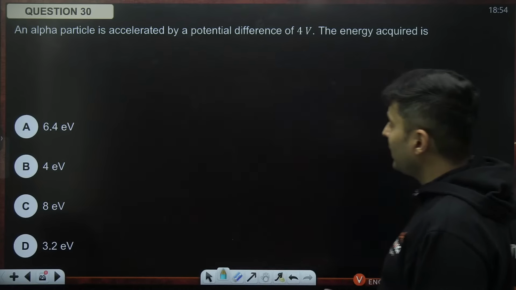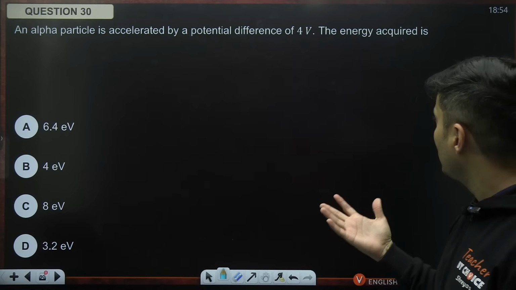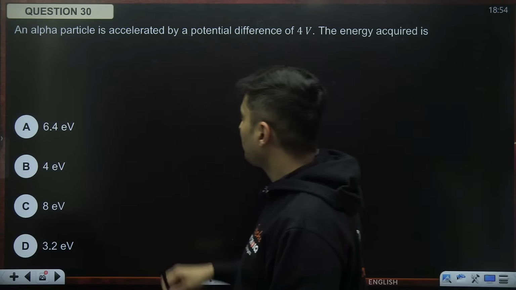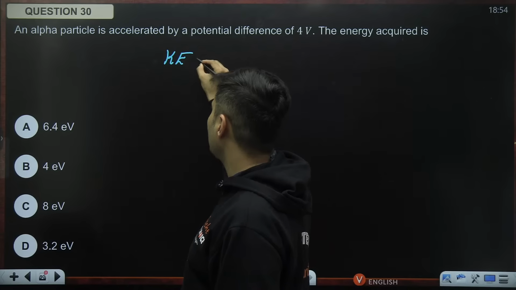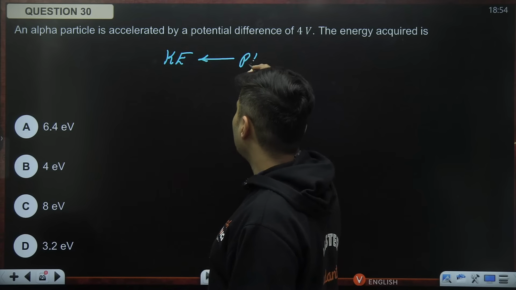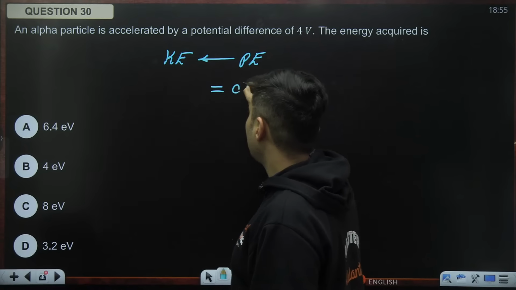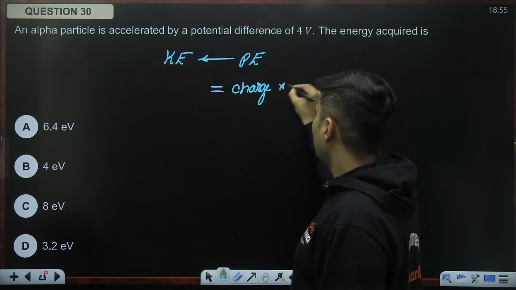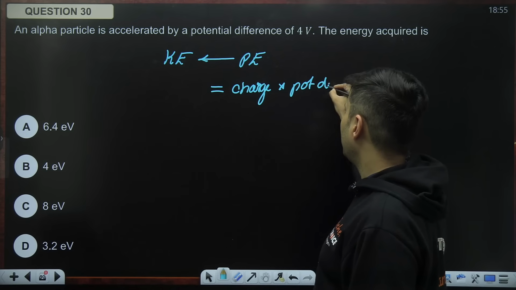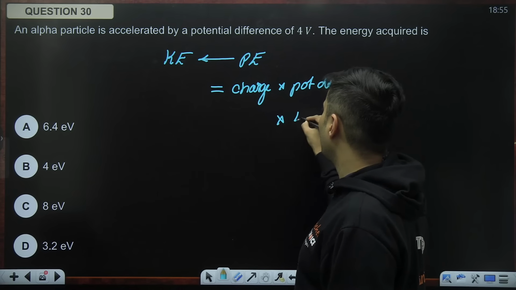There is an alpha particle which is accelerated by 4 volts. The energy acquired is how much? If you accelerate a particle, the kinetic energy comes from the potential energy, and potential energy is always the charge on it multiplied by the potential difference. The potential difference is 4.